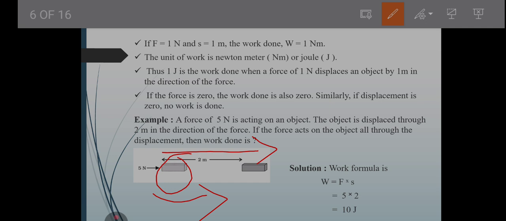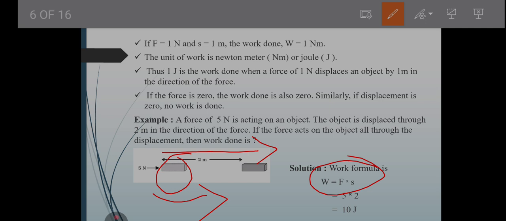Solution for this problem: we know the formula, work is equal to force into displacement. The force applied is 5 Newton and the displacement is 2 meter.